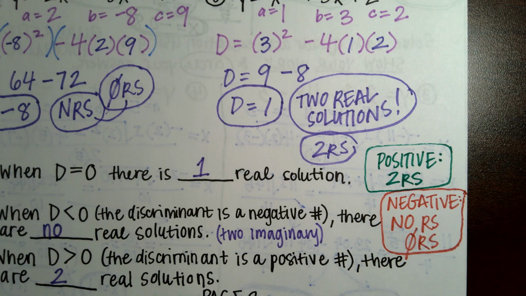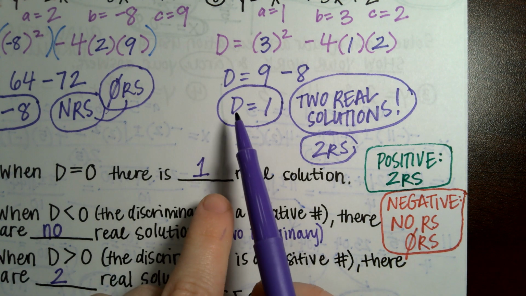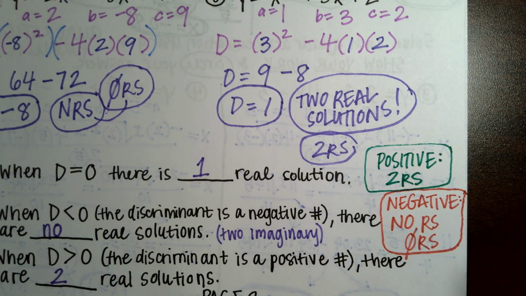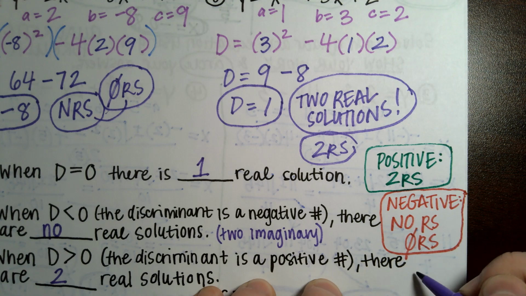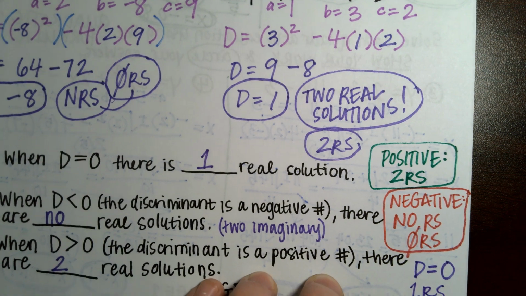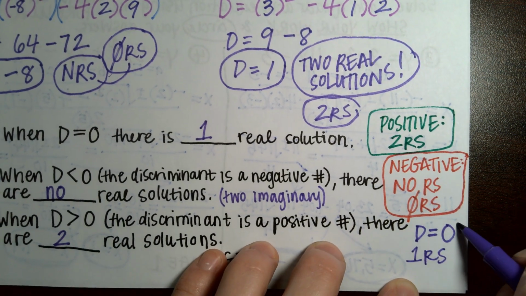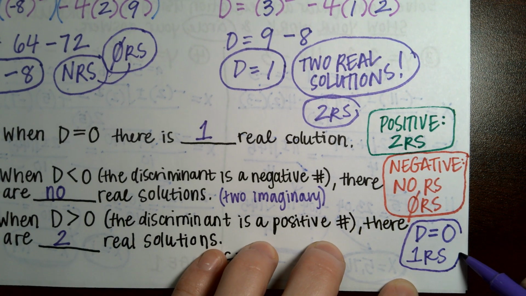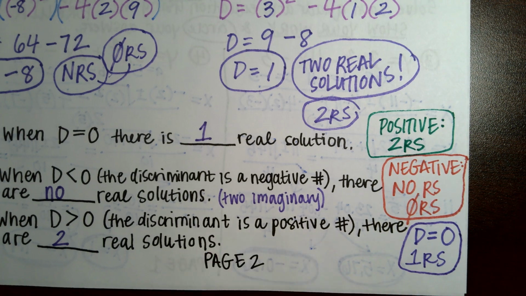So remember, if you get an answer that says D equals 0, that means there's 1 real solution. So there's a little key. Might be helpful to you guys. How you're going to determine the second part of your answer there.